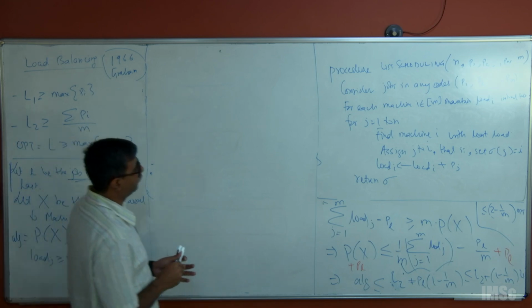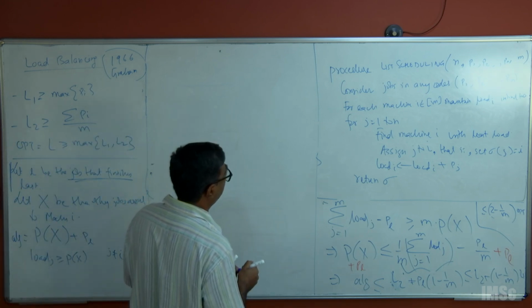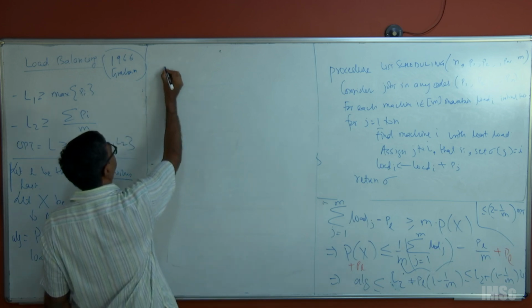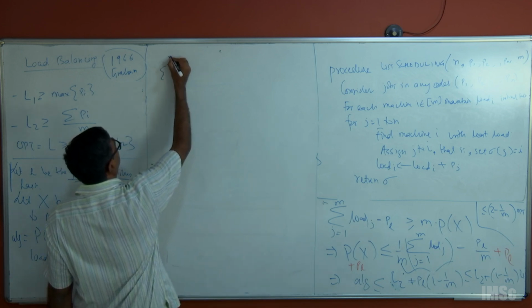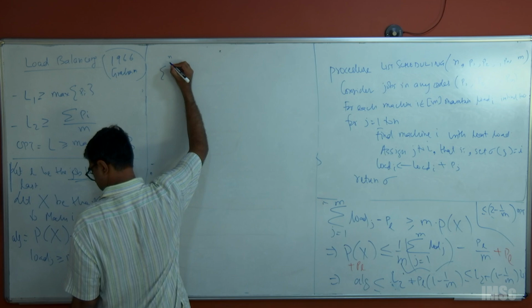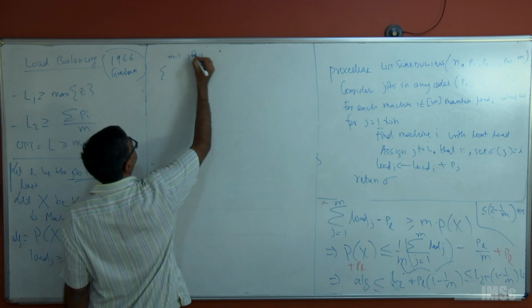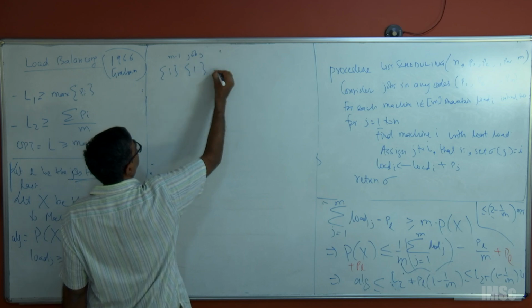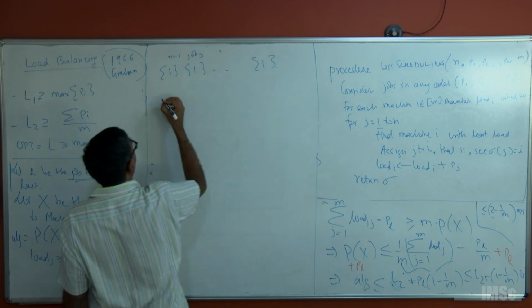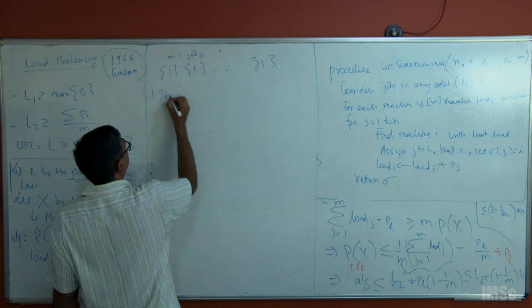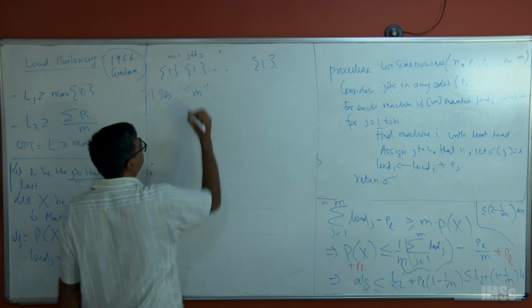Why? Because imagine that I have m minus 1 jobs of processing time 1, and I have 1 job of processing time m.